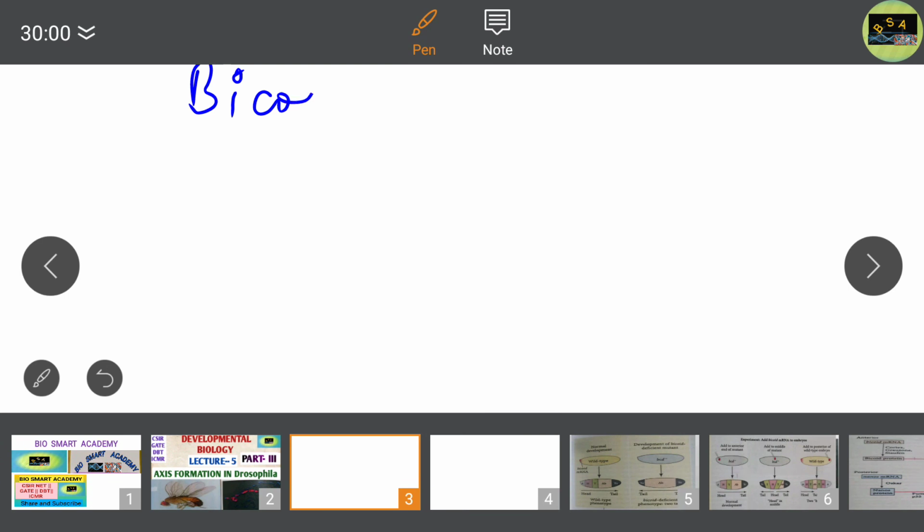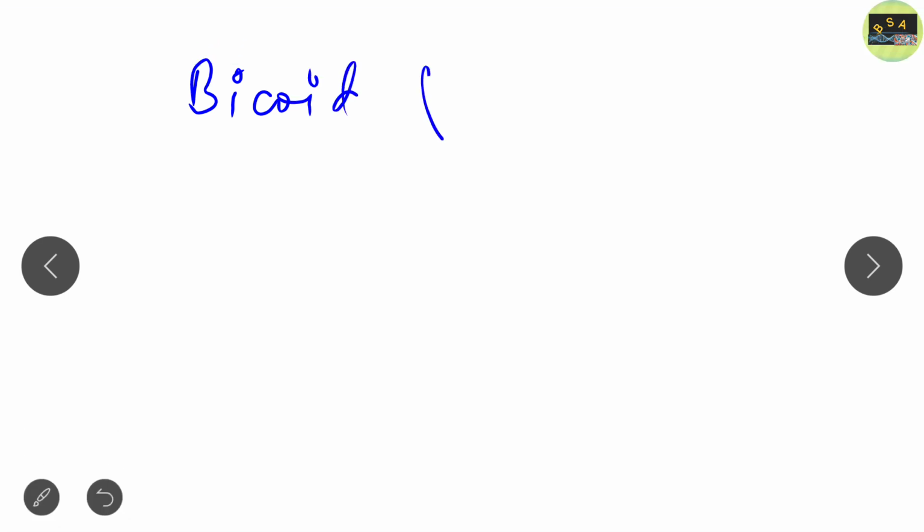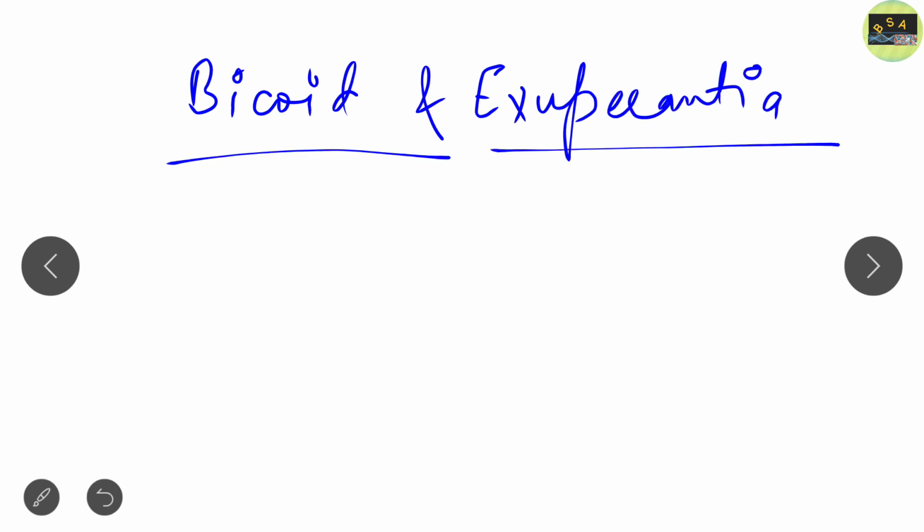So in this way, bicoid mRNA is localized in the anterior pole of the oocyte, with the help of the exuperentia protein.